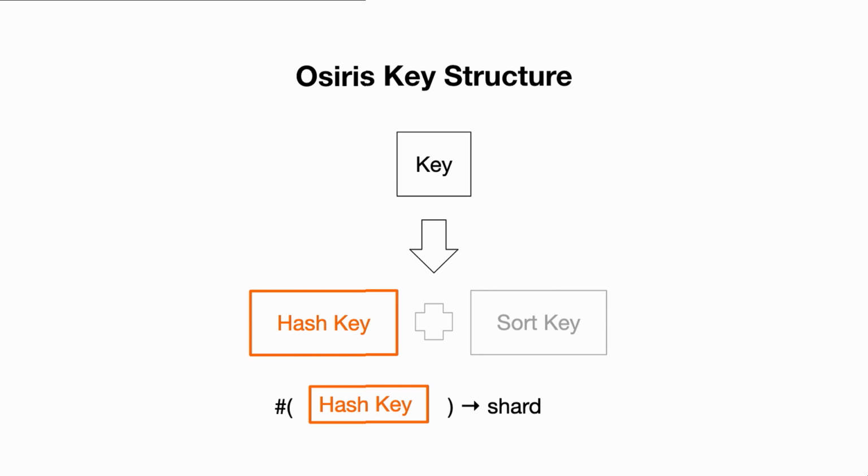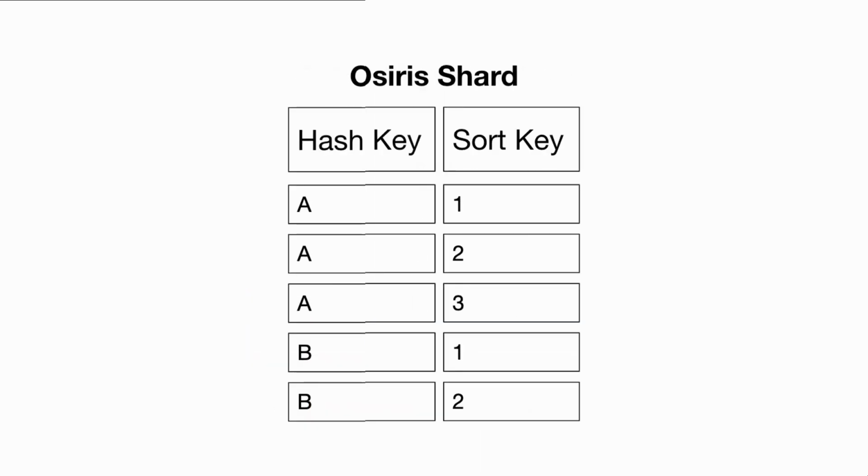But it doesn't actually add that to your key or modify it in any way. This means that within your shard, Osiris can sort data on your original key. The way Osiris sorts data is it sorts first on hash key and then on sort key. You can think of your key as a tuple of those or a concatenation of those. What this does is it allows us to get all the benefits HBase has of having your data sorted within a shard, but with hash partitioning on top of that to help avoid hotspotting.